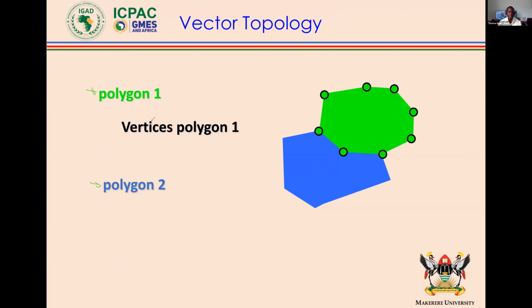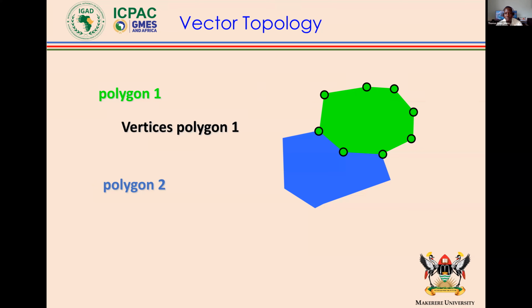The vertices in this polygon are along the corners of the polygon. As you've seen, those are the vertices for polygon 1. Now, when we go ahead, we shall create the vertices for polygon 2.